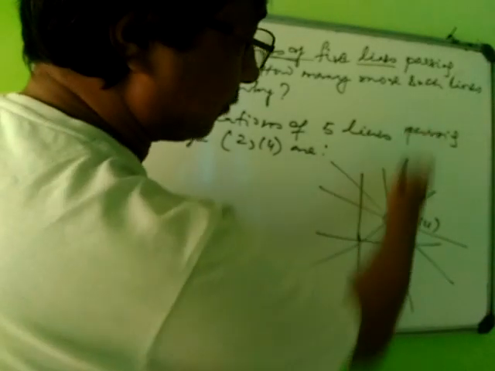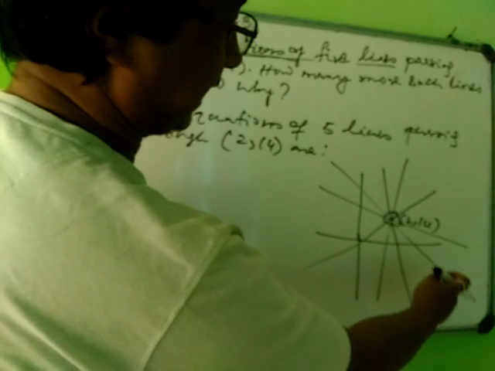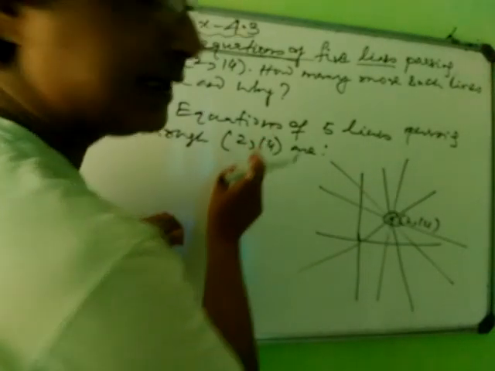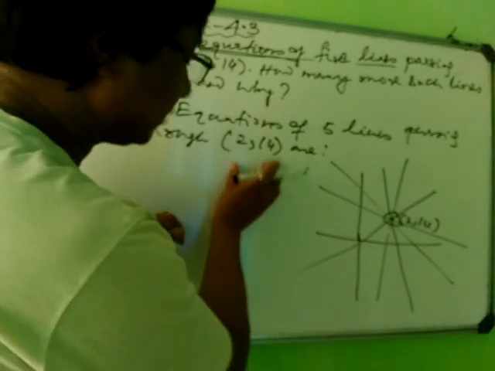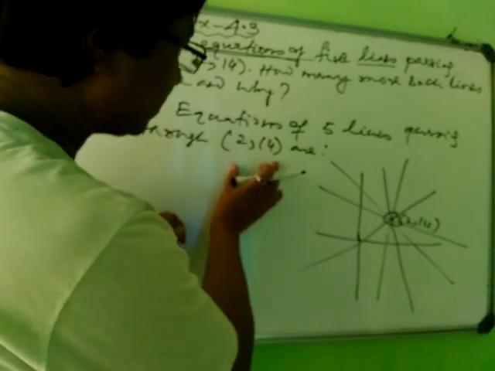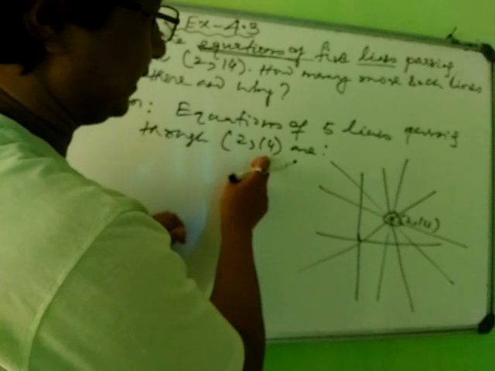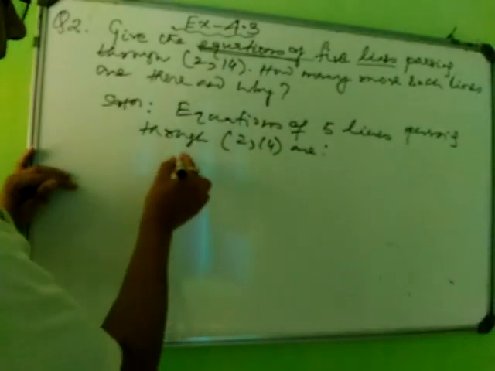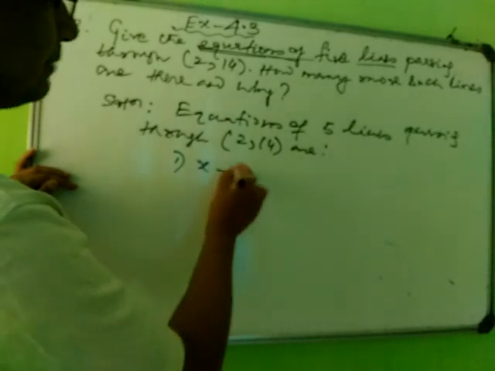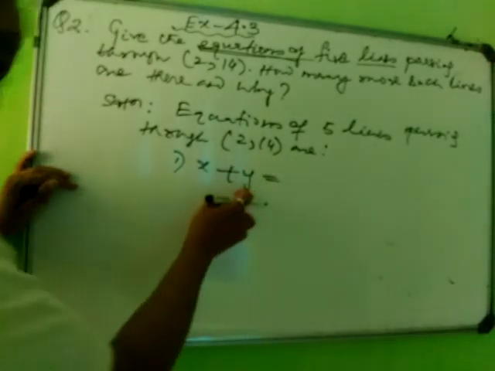Every equation will produce a straight line. So that is why they are called the linear equations. Now you are going to write the linear equations passing through (2, 14). So now, number 1, let me take a simple one, x plus y.